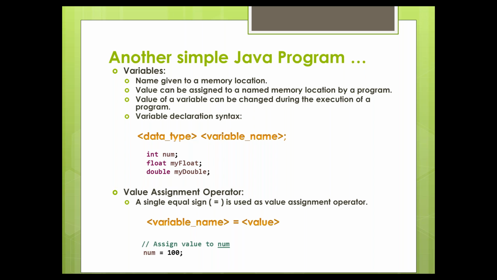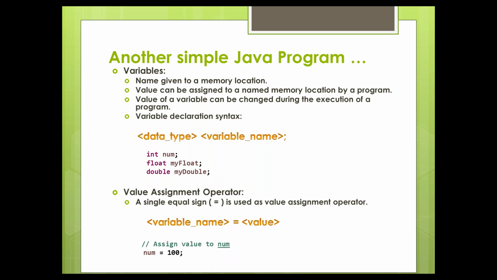So your memory address, which is used to identify the location, is associated with the name that you give to your memory location. We will see how that is done.